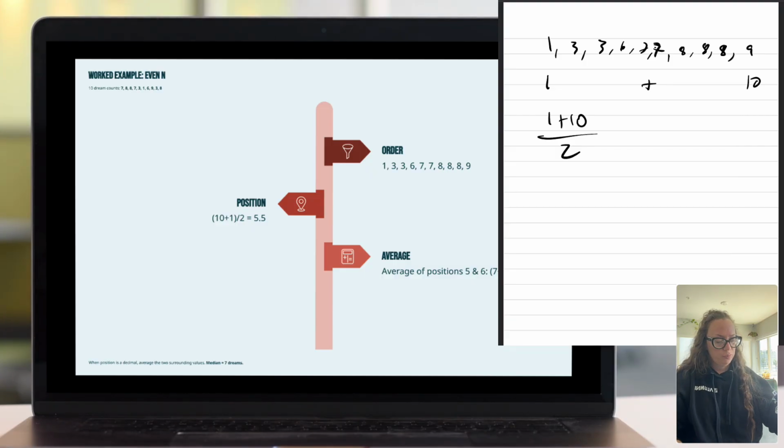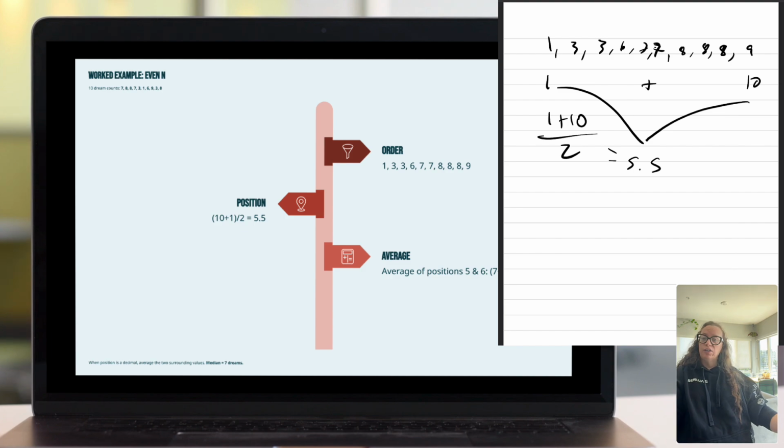You find where the half point mark is. That's the divided by 2 part. Okay, so 1 plus 10 is 11, divided by 2 equals 5.5. So position 5.5, okay? So we need the values at position 5 and position 6, and then we average them.